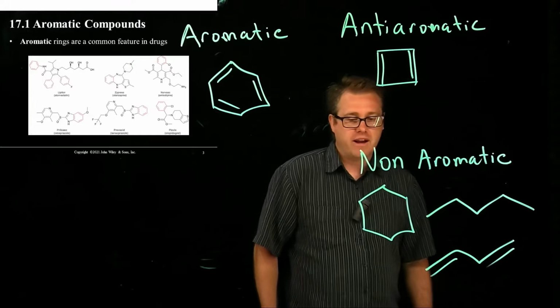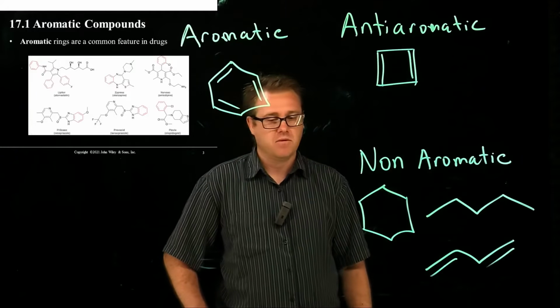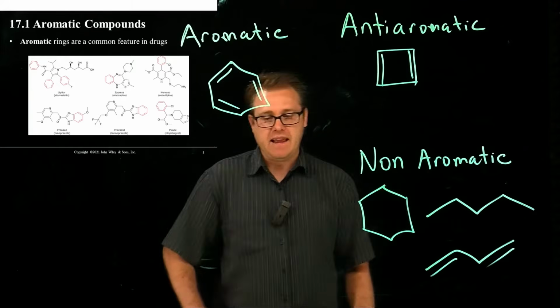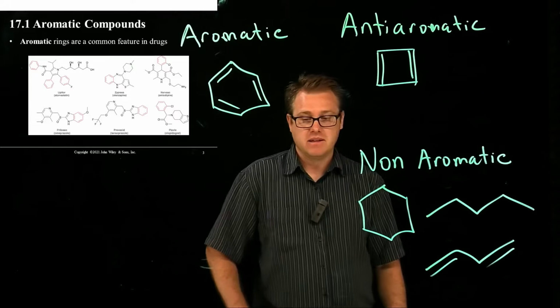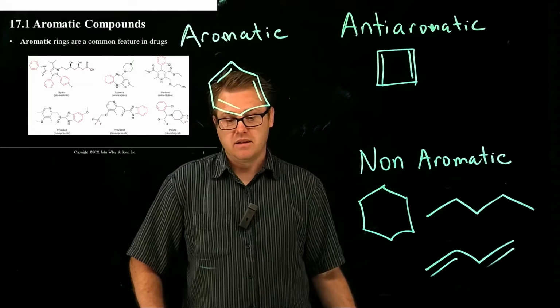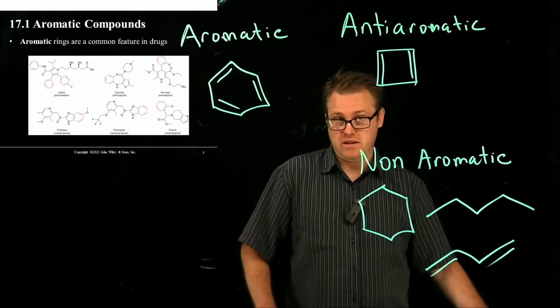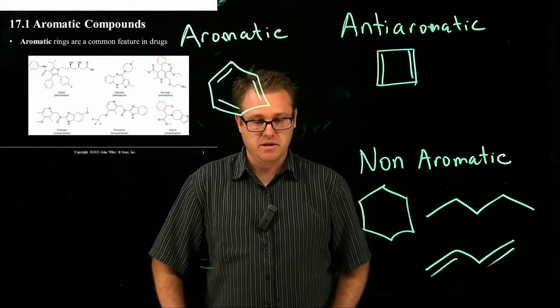So why are aromatic compounds so important? Why do you need to know about them? For one, you can see in that slide there the red benzene rings. They're in those pharmaceutical drugs, and they're very prevalent. They're all over the place in the pharmaceutical industry.